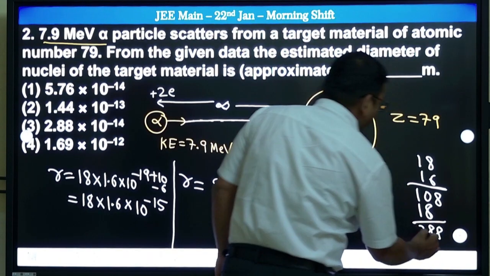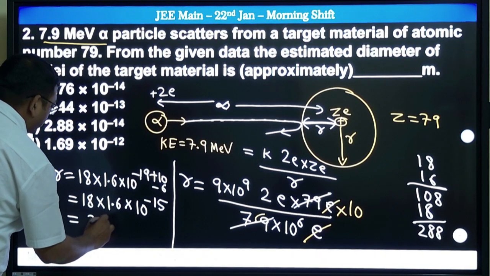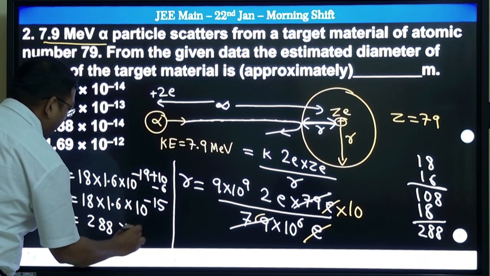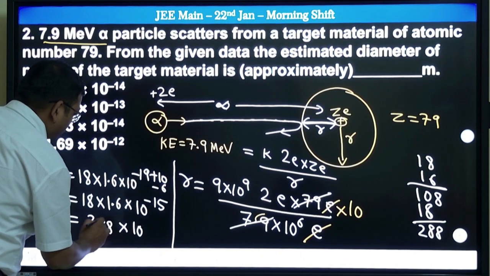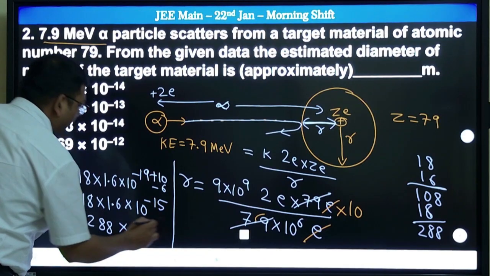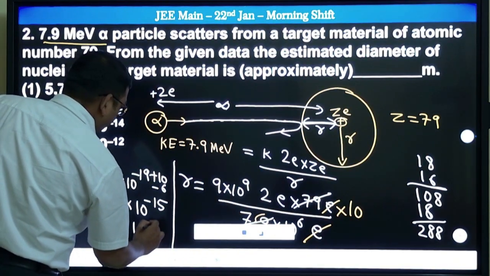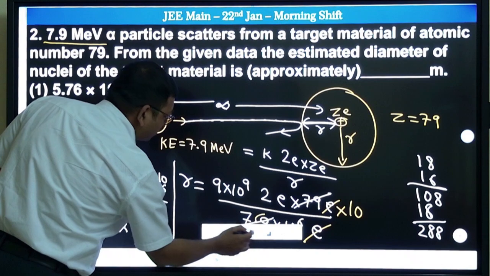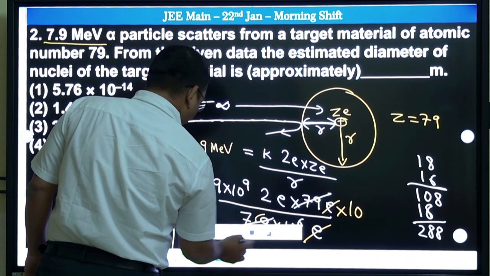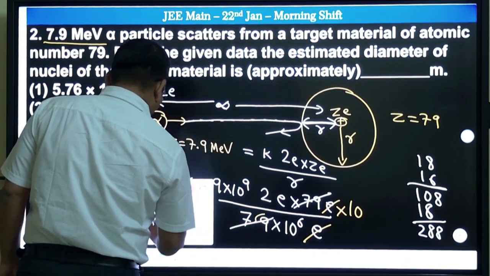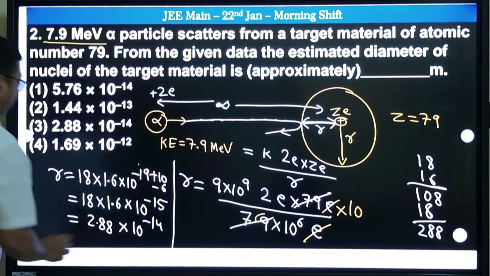So 288 factor will come, right? So 288 into 10 to the power, here minus 16 you can take, so here you can take minus 14, right? 10 to the power minus 14, correct? 2.88.